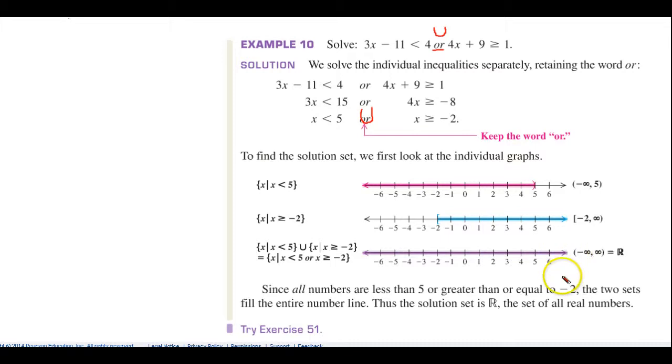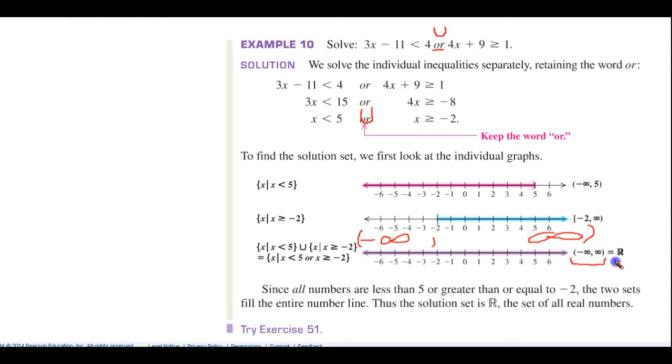This is a little different. So what does this indicate? Well, interval notation, this is from negative infinity out on this end to positive infinity on this end.